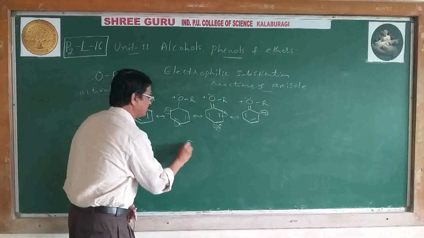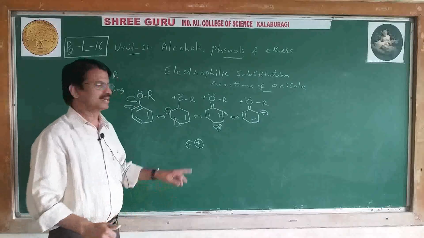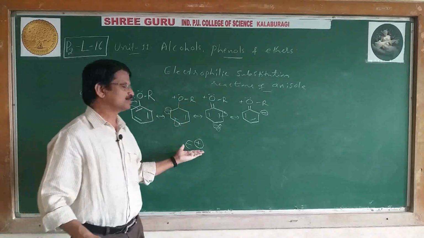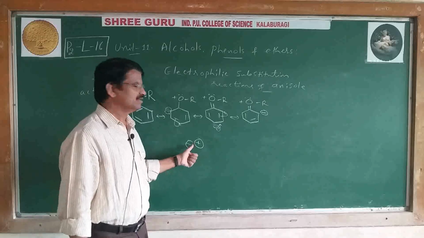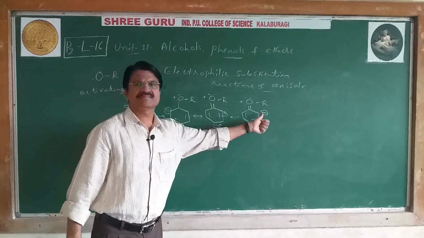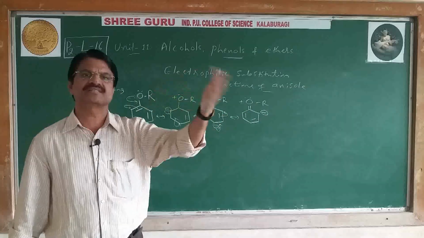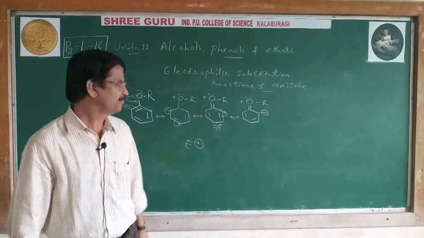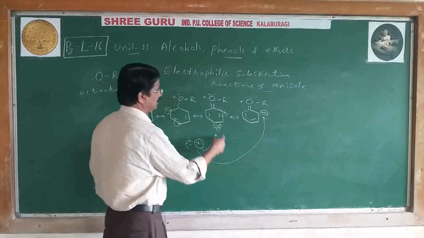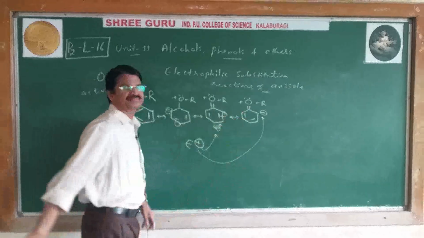Therefore, for electrophilic attack, electrophiles are positive charge species, neutral species or electron deficient species. They can attack negative charge centers or electron rich centers. Hence it can attack at the para position or ortho position.